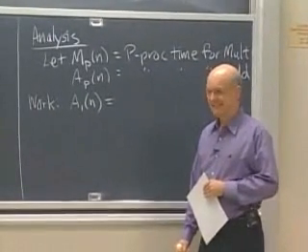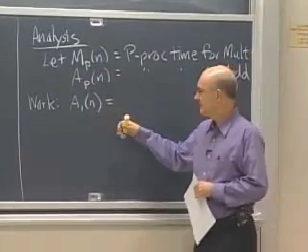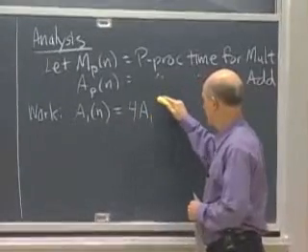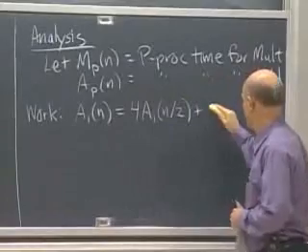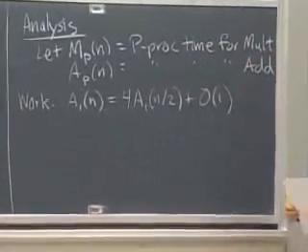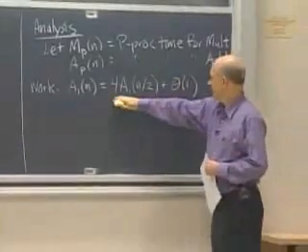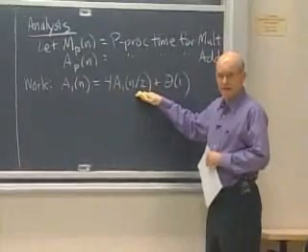A of 1 of n equals 4 A of 1 n over 2 plus order 1, right. Okay, that's right. So we have 4 problems of size n over 2 that we're solving.